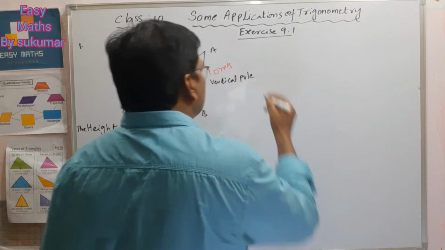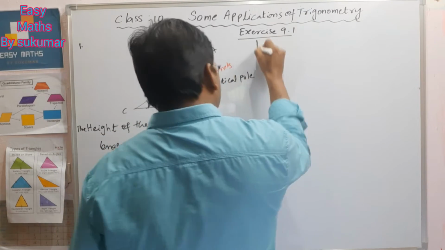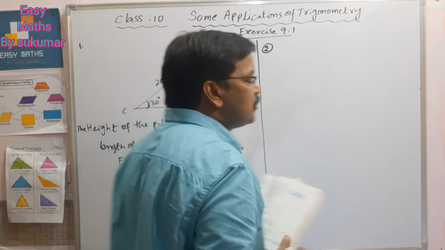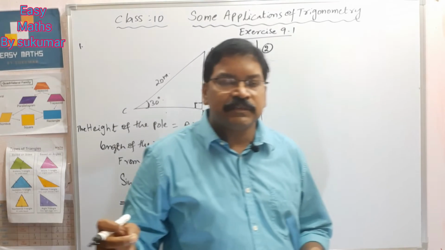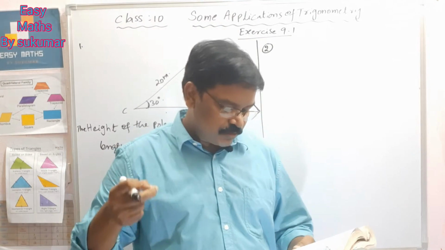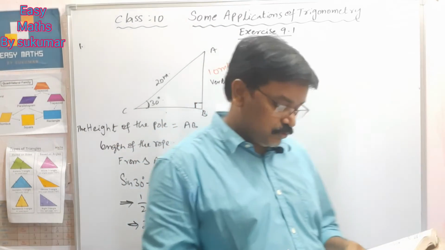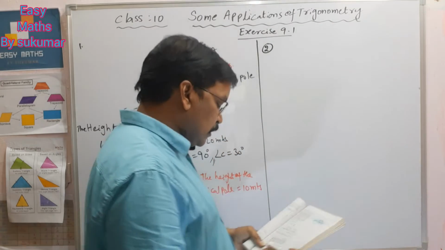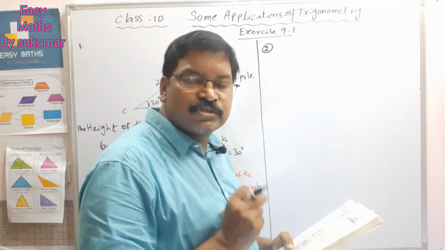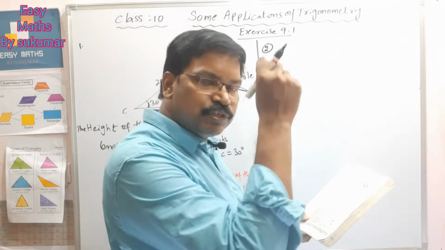Right. This is an important question. I think this question is already given in the AP State Board textbook also. Did you understand this question, student? Here there is a tree.